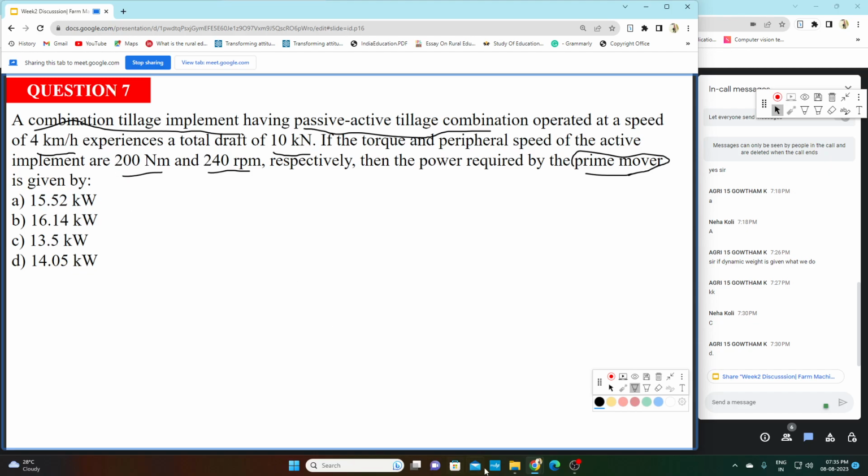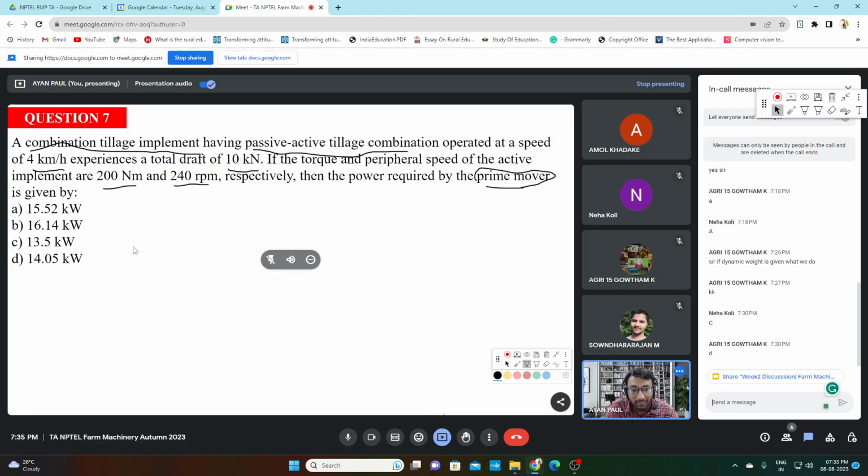So guys, what is the formula of power? Anyone? What is the formula of power? Draw bar into speed. Yeah, so the formula is draw bar into speed also, that is force into speed, okay?